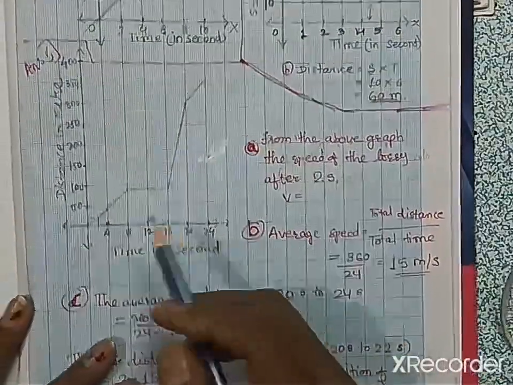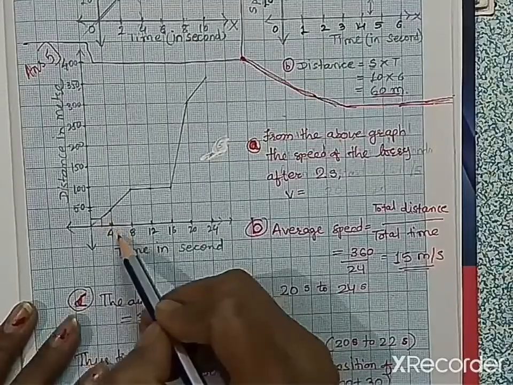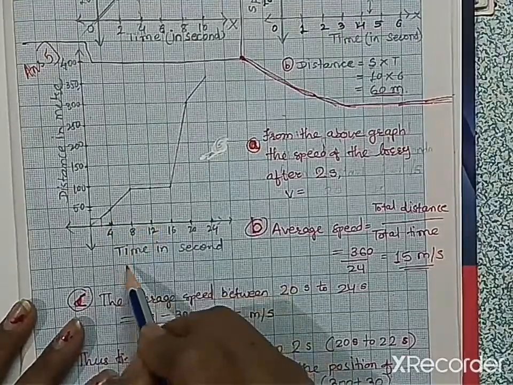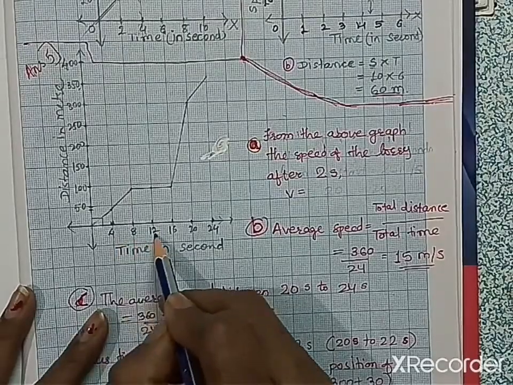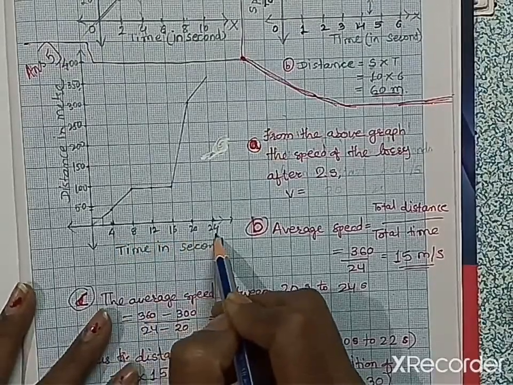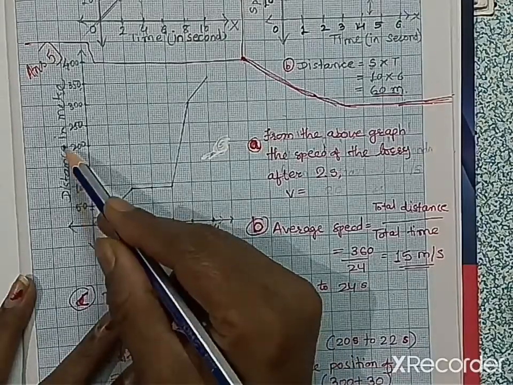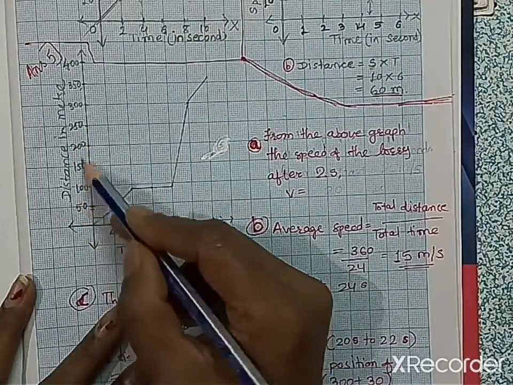Now here you can see the distance-time graph of the example. This lorry traveled in 4, 8, 12, 16, 20 and 24 seconds. Here the distance is given in meters, and this is the scale.